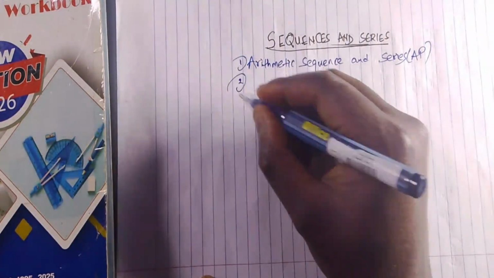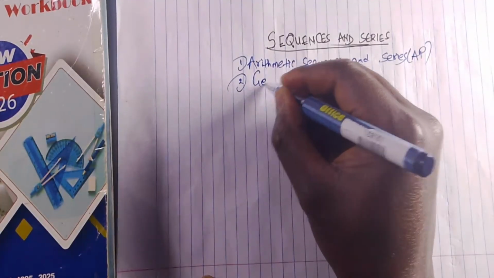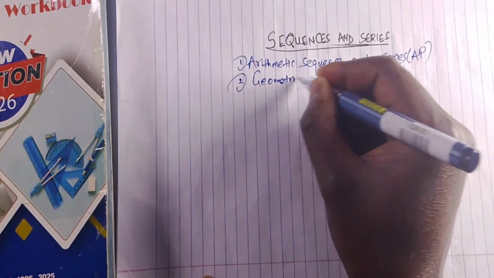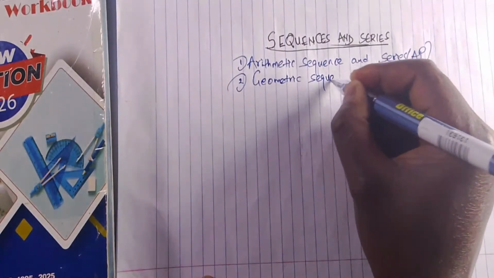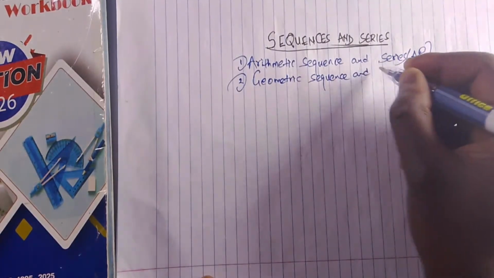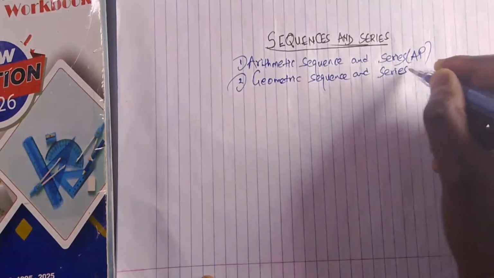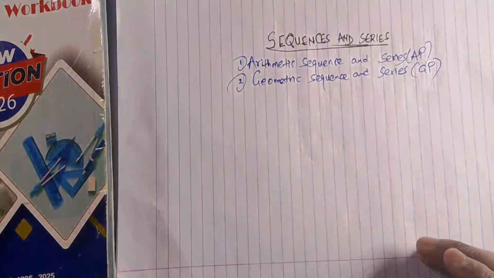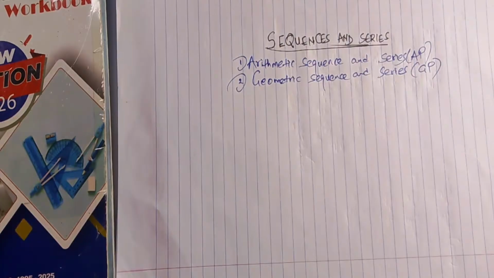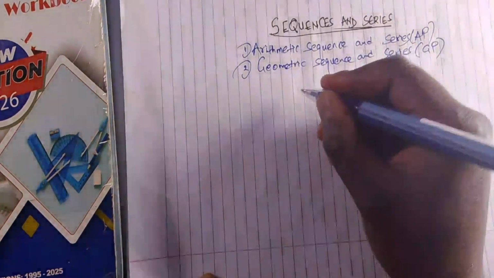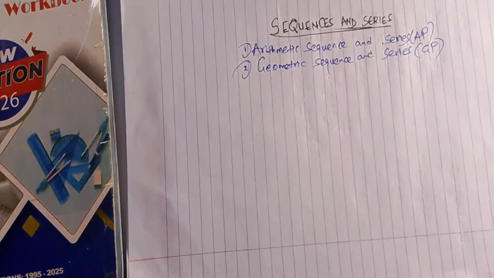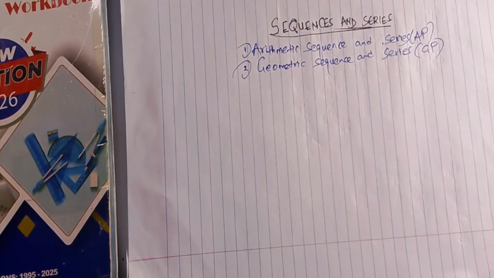And we will also be learning about the geometric sequence and series, which we call the geometric progression. So those are the two areas that we will be unveiling in sequences and series. But for now, we will introduce ourselves to arithmetic progression.